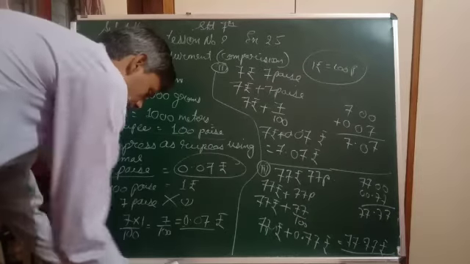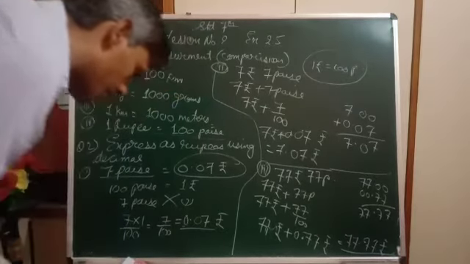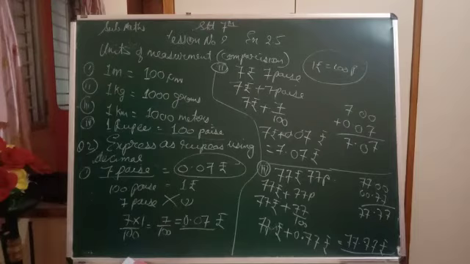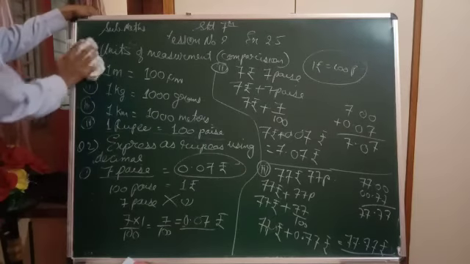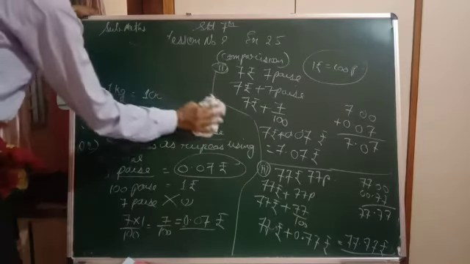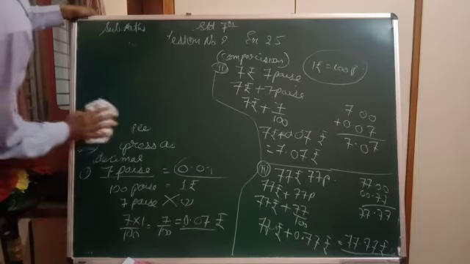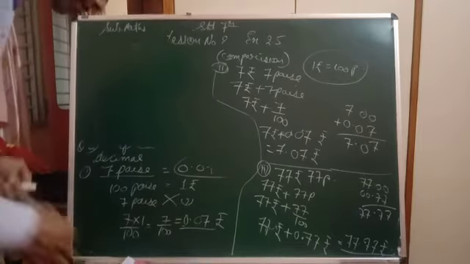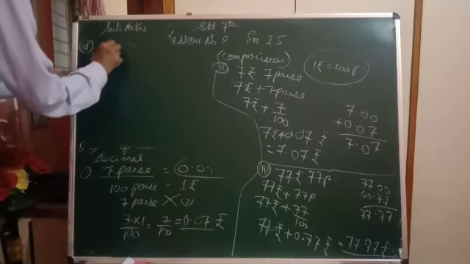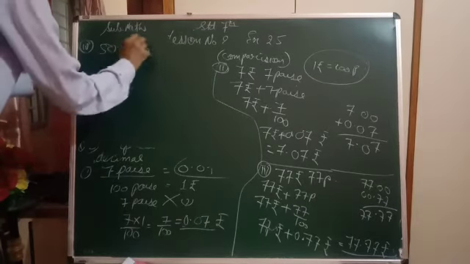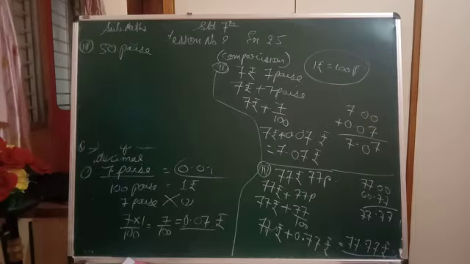Okay, next question I am explaining. See, what is this? 50 paisa and 235 paisa. Two sums I am explaining here. Now, 50 paisa. Again, we know that 50 paisa is converted into rupees.